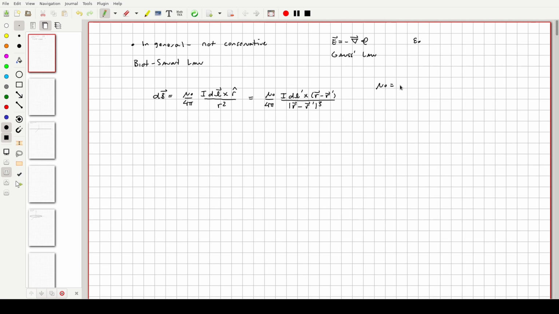We call it the permeability of free space. And it has the value of 4 pi times 10 to the minus 7th Tesla meters per ampere.